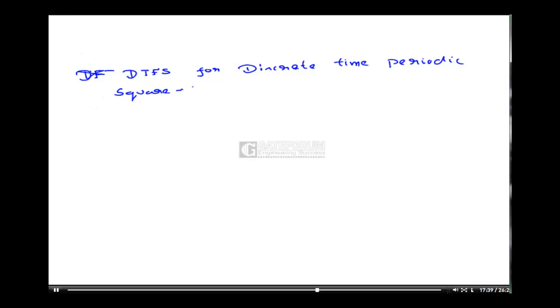Now finding the DTFS for a discrete time periodic square wave signal. It looks like this.